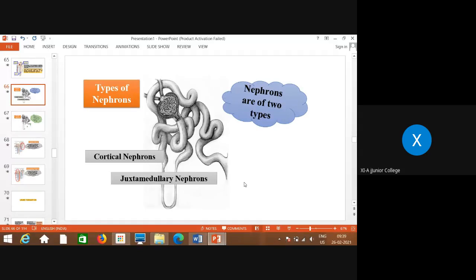So there are two types of nephrons, named as per their location. Now you studied the LS of kidney, where we studied the outermost part, that is cortex, then the medullary region, medulla, and the innermost, that is pelvis.